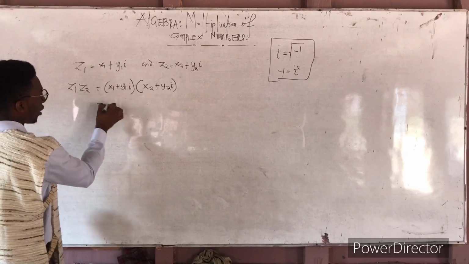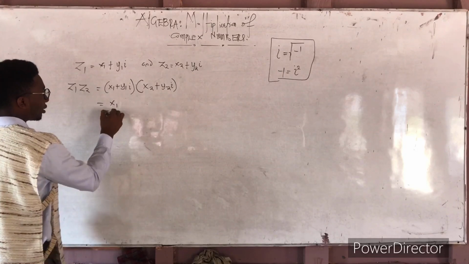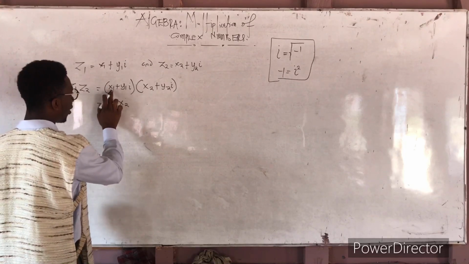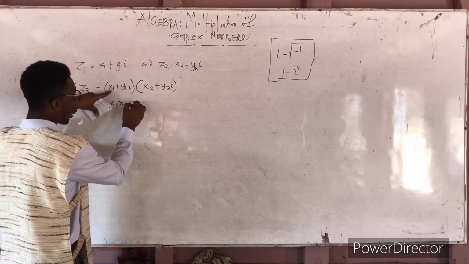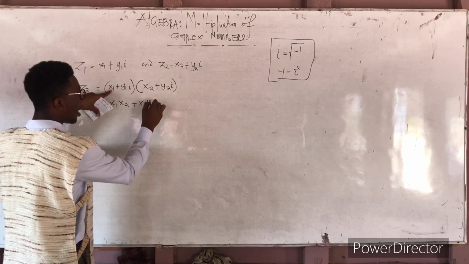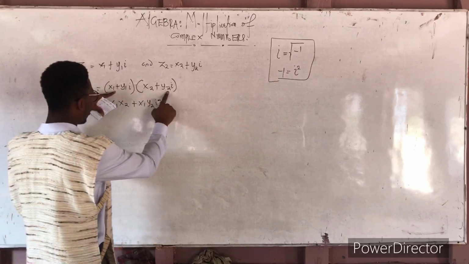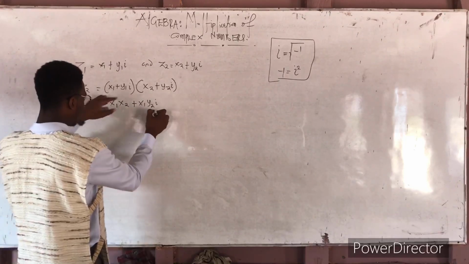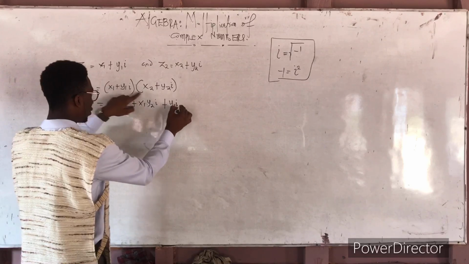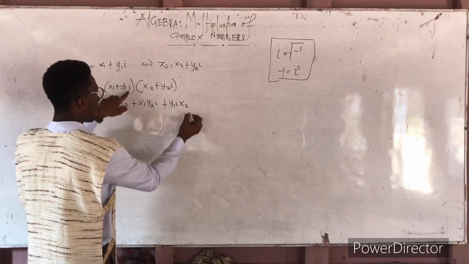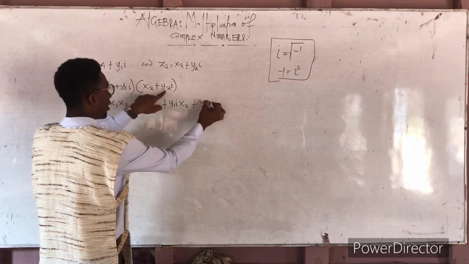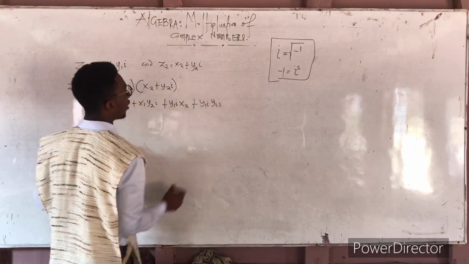Okay, so now let's simplify this down. We get X1 multiplying X2, plus X1 multiplying Y2 i. We can also have plus Y1 i multiplying X2, plus Y1 i multiplying Y2 i.